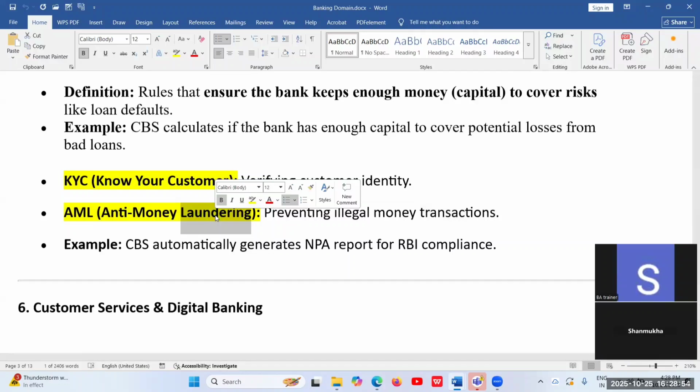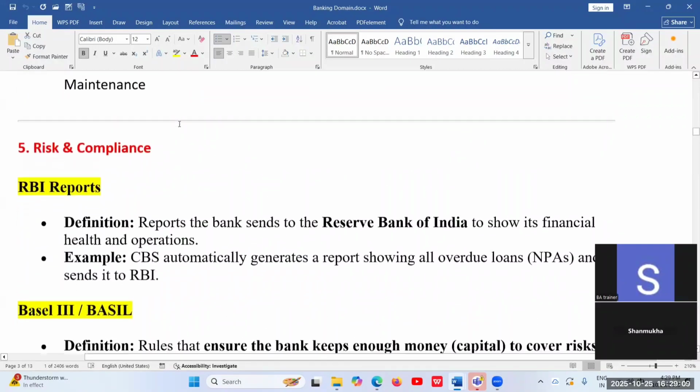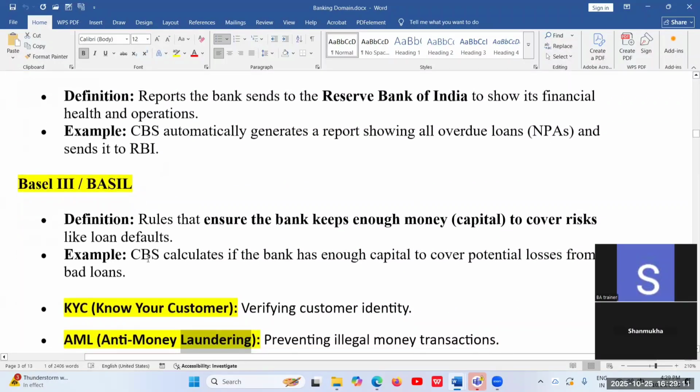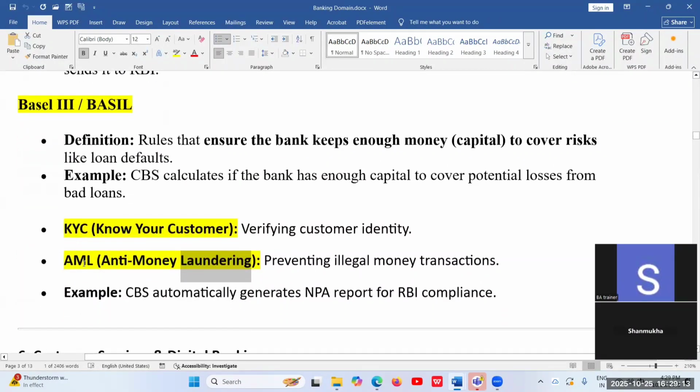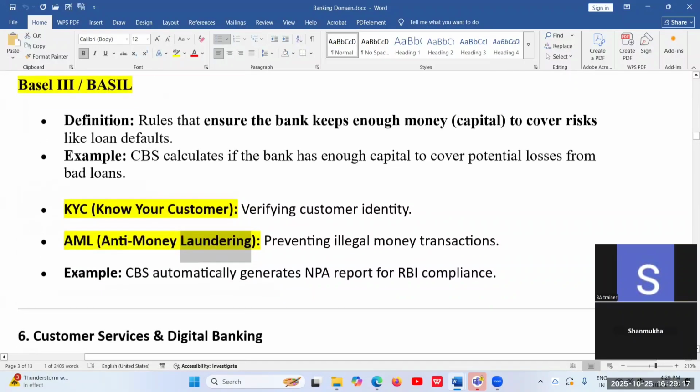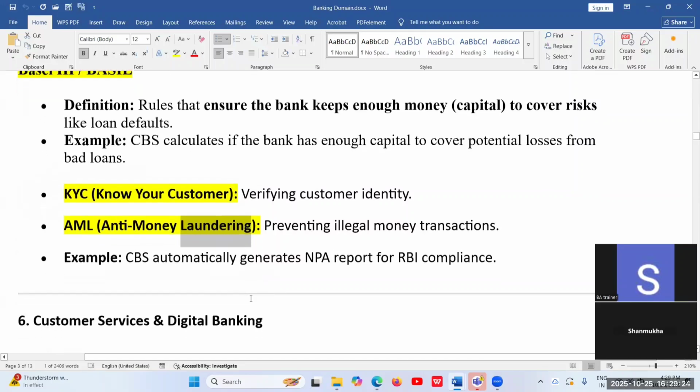Every bank teller has to ensure that before they deposit the customer's money into their account, or before they take the money from the customer, they follow these rules and regulations. So that is called KYC, AML. They need to focus on anti-money laundering in order to prevent that black money.